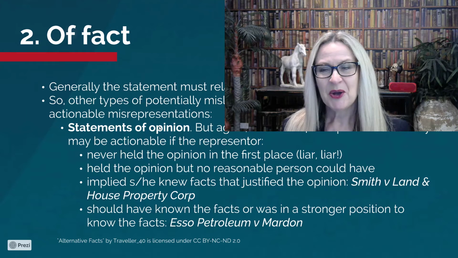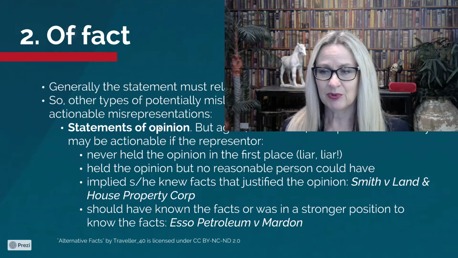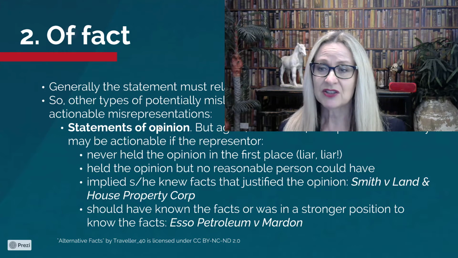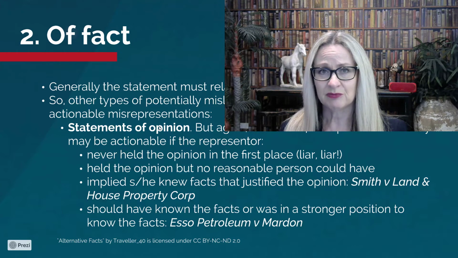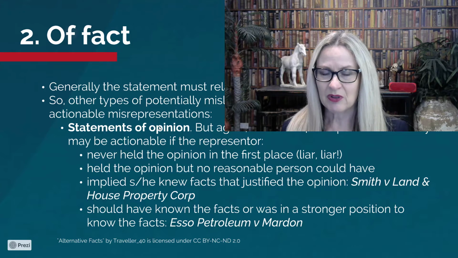However, what Smith didn't tell Landon House was that poor Mr. Fleck was habitually late in paying his rent. And in fact, just before the sale was completed, Mr. Fleck actually went bankrupt. So the question was obviously whether that was an actionable misrepresentation of fact or whether it was mere opinion.